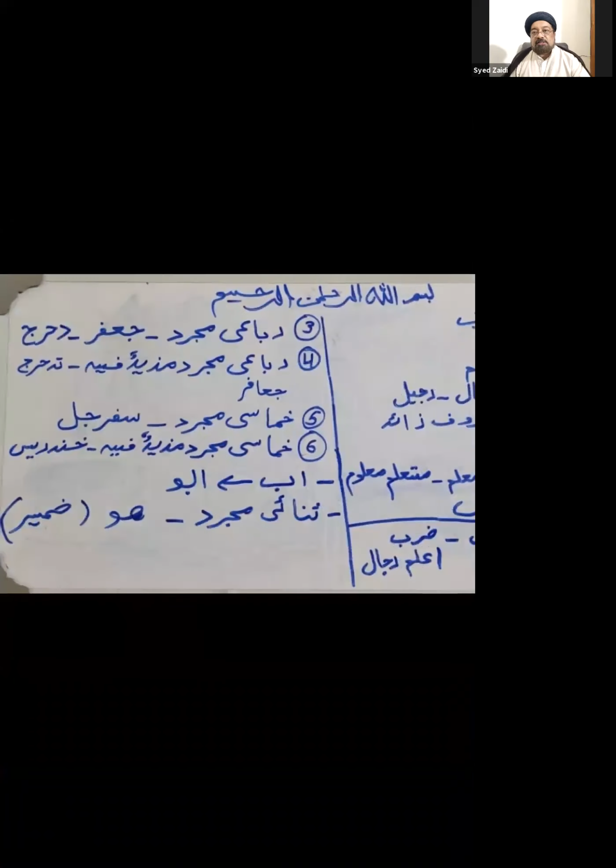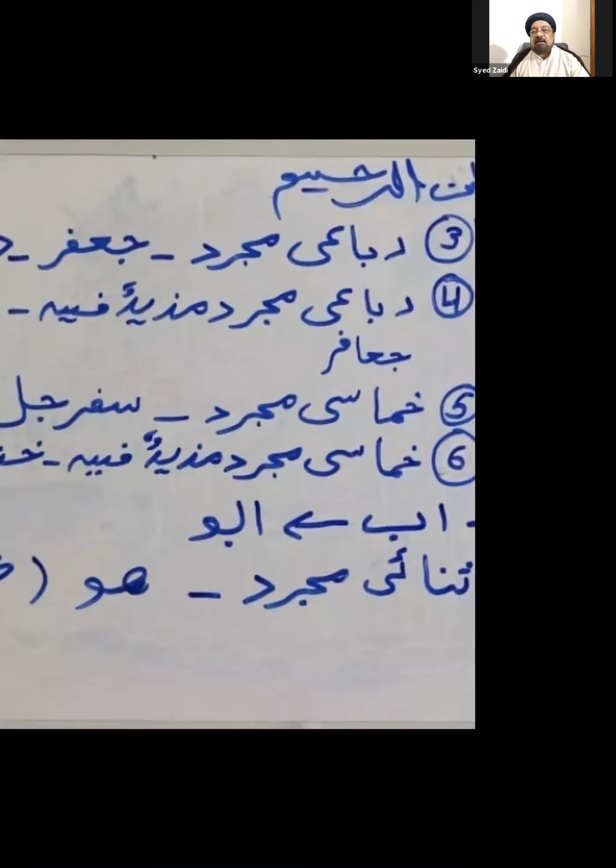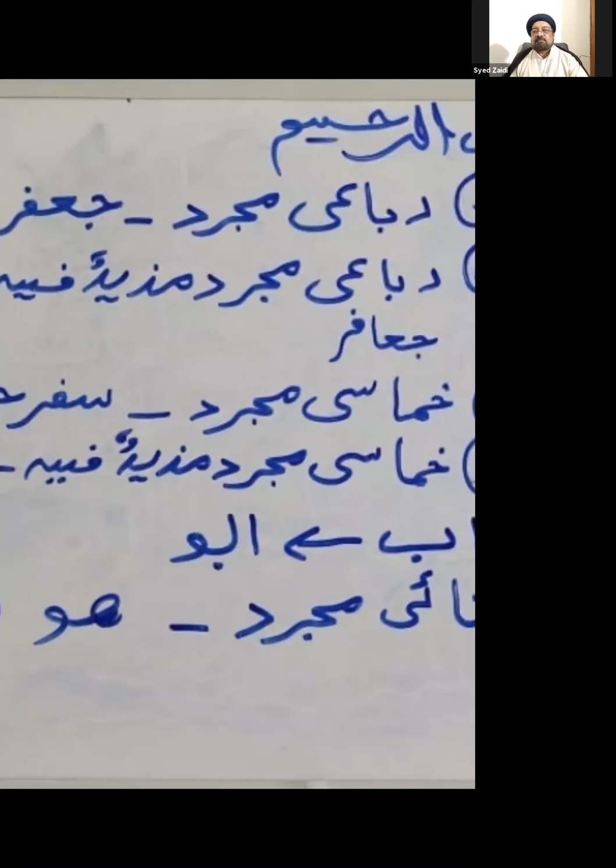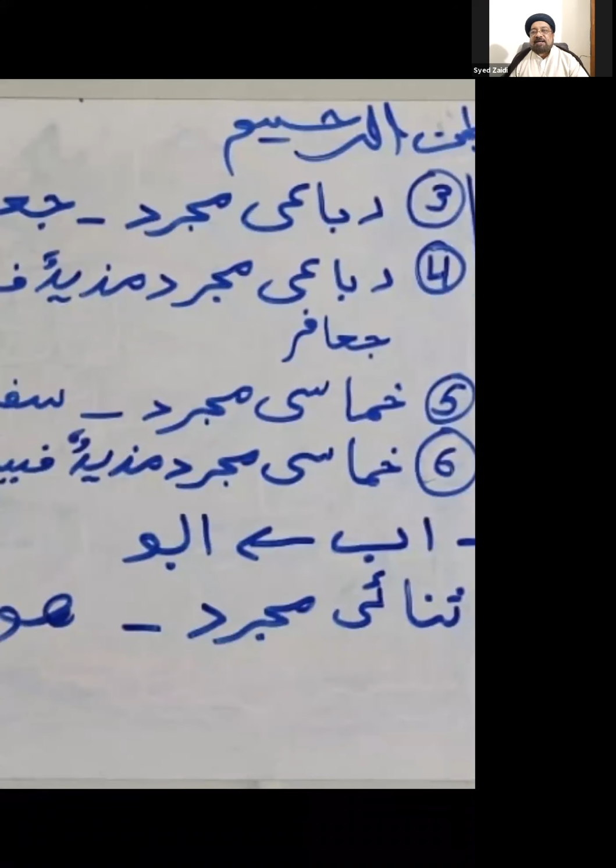The third one is called Rubai Mujarrad. Rubai in Arabic means four. Rubai Mujarrad, the four-letter word.